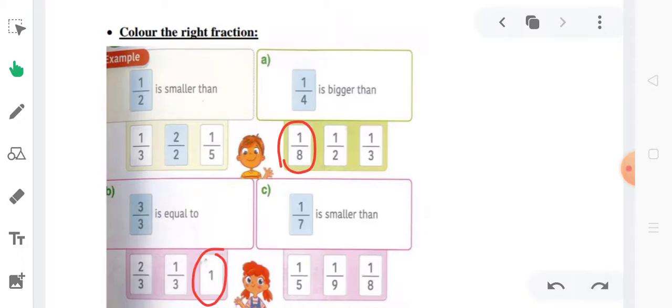Excellent. Seventh is smaller than what? Okay, I need a smaller bottom than 7. Why? Because the fraction that has a smaller denominator is the bigger fraction. So we choose fifth.